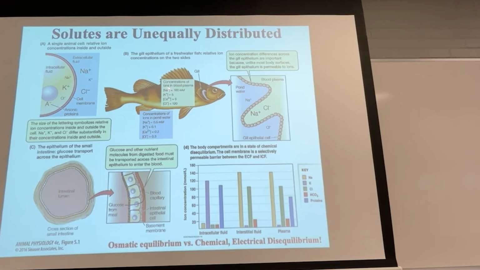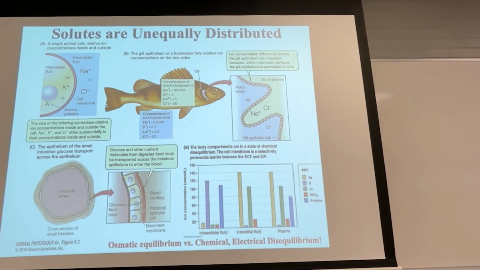If you just look at sodium, for example, it's 160 millimolar, and it's 0.5 millimolar, right? So they're going to want to gain water. Water's going to want to move in, right? Because the concentration's so much higher here. And also the salt is going to want to leave the fish and try to dilute their body fluids.